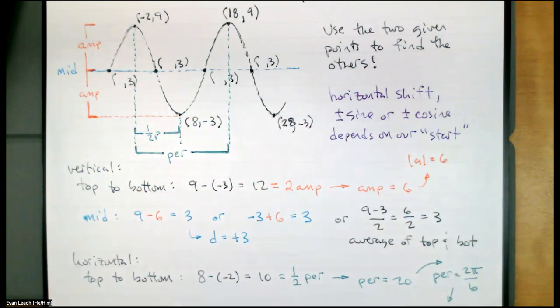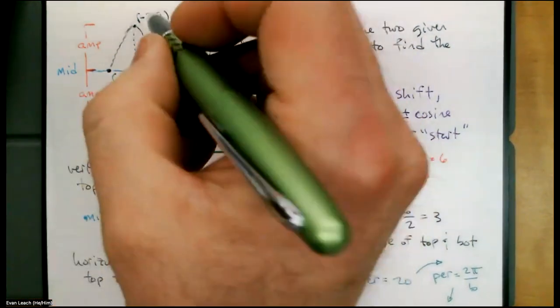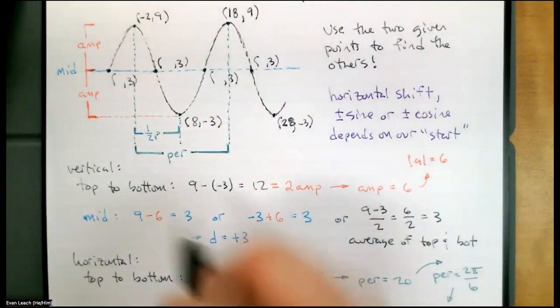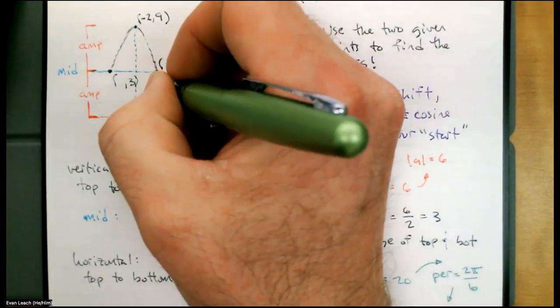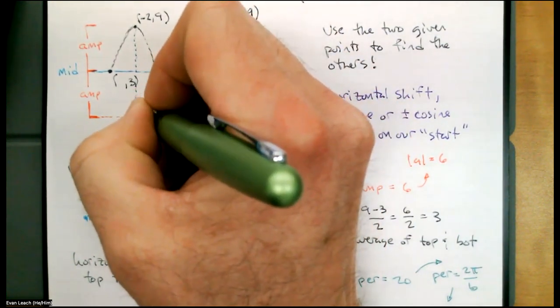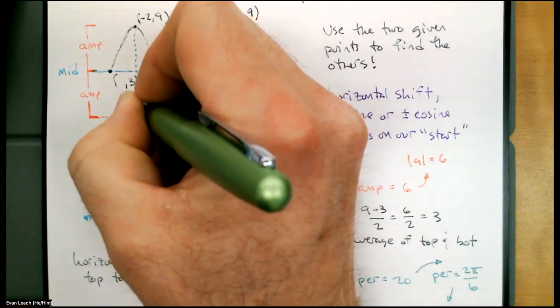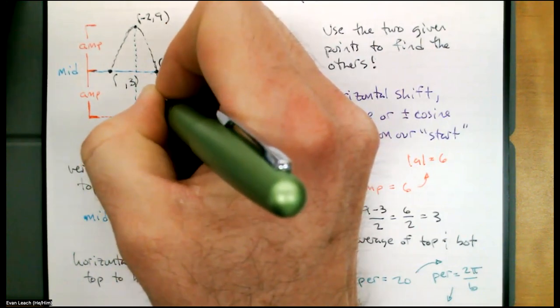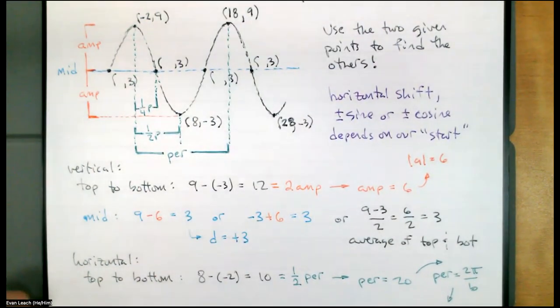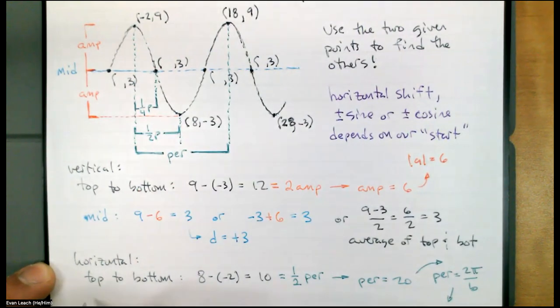So that'll be 1/4 of the period. So between any two named points, we have 1/4 period. So now I'm gonna find the mids.